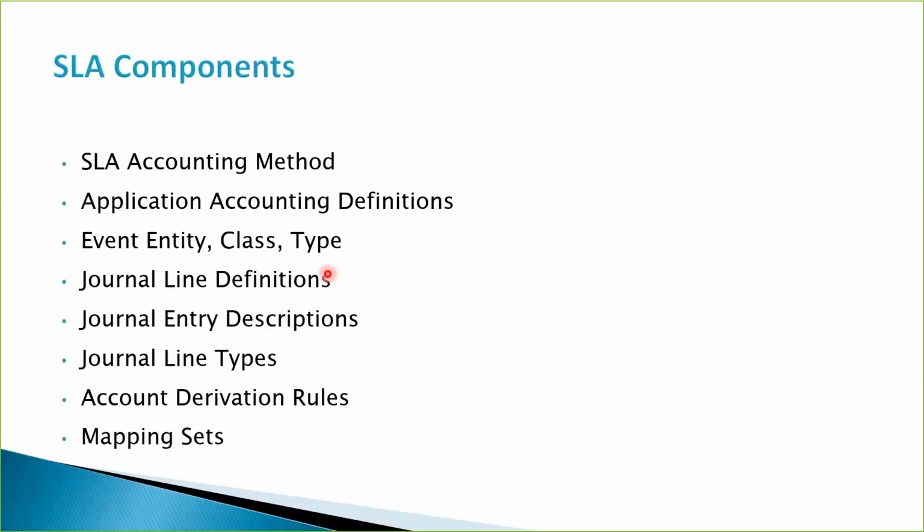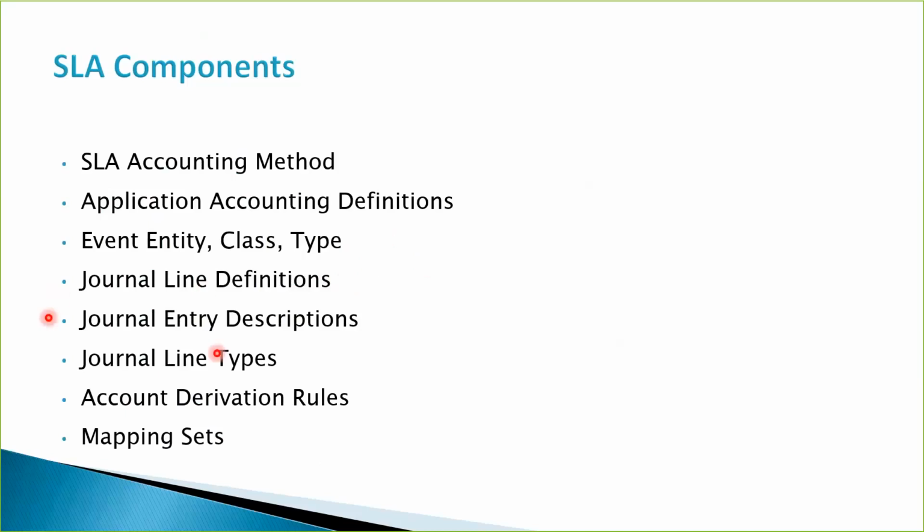So invoice creation, for example, can have its own journal line definition that dictates how accounting is created, such as what journal lines will be used, among other things.